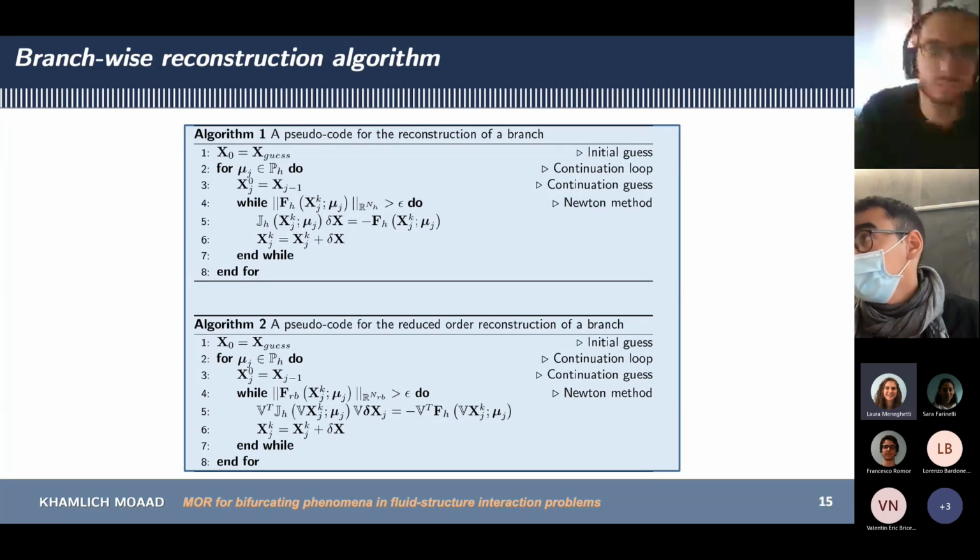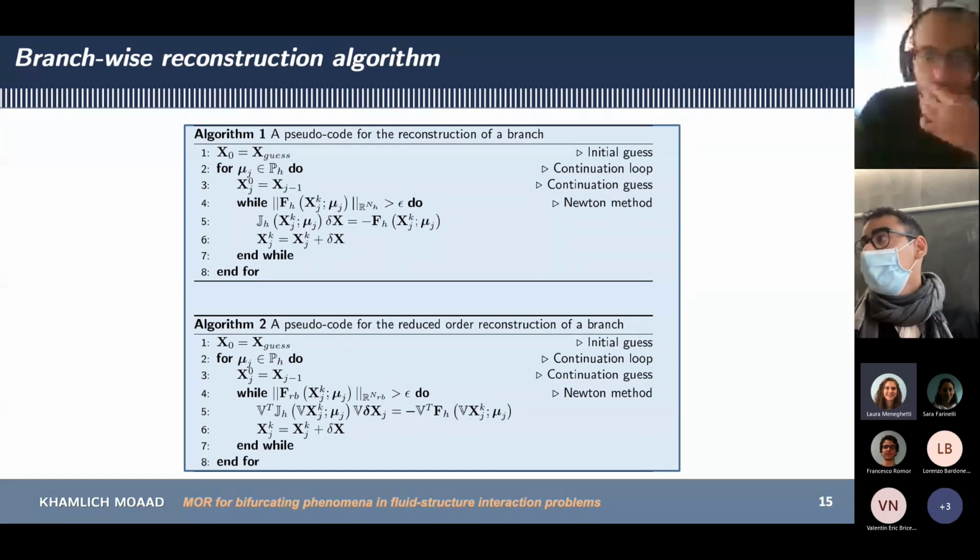Like the very initial guess or the current one? Because the initial guess for when the loop is started, as I said, is linked to the continuation strategy. So basically, you are just using the previous value of the solution.